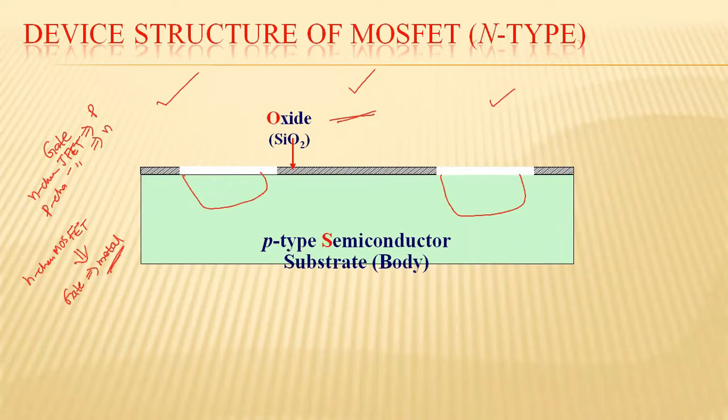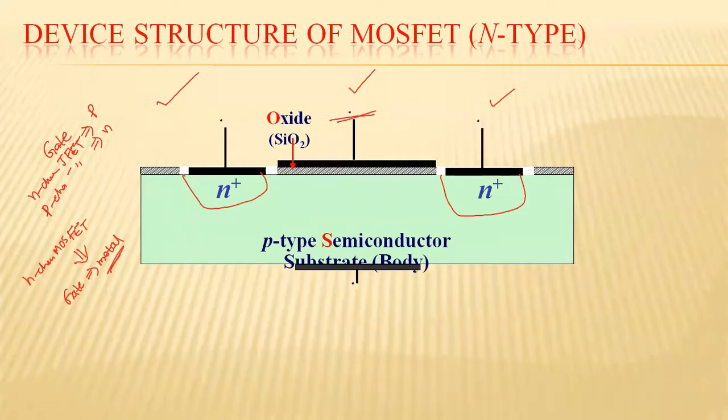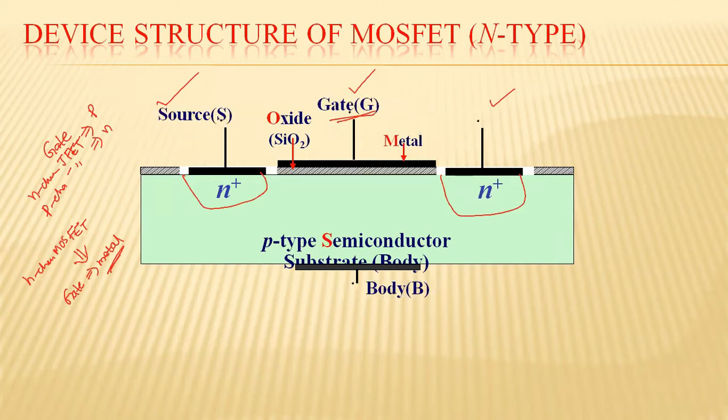That means the silicon dioxide layer is removed, and then heavily doped N-type impurities are induced into this P-type substrate, which forms the source and drain regions. Then metal contacts are made on these two regions, which are called source and drain, and metal contacts are also made to the substrate, that is the body, and also on top of the silicon dioxide layer, between the source and drain region. That terminal is called the gate terminal.